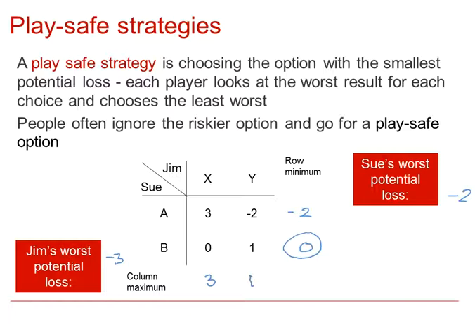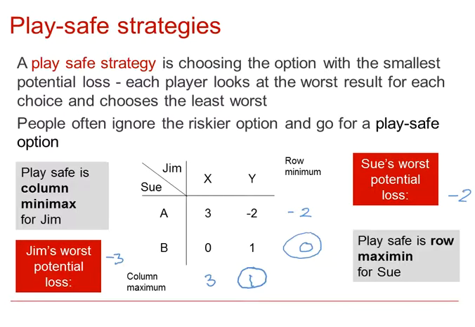And therefore, we're looking for the minimum of the column maximums, or the minimax, and that would be best here for Jim to play strategy Y. So what we're saying is that the play-safe is the row maximin for Sue, or strategy B, and the play-safe is the column minimax for Jim, or strategy Y.